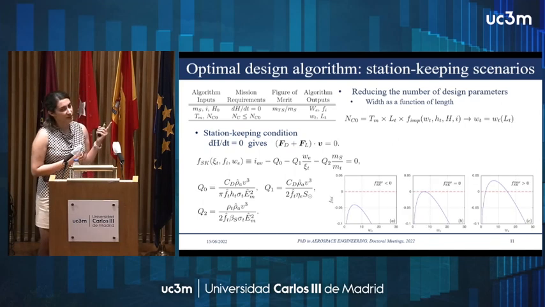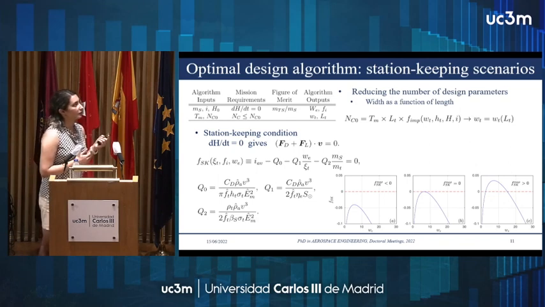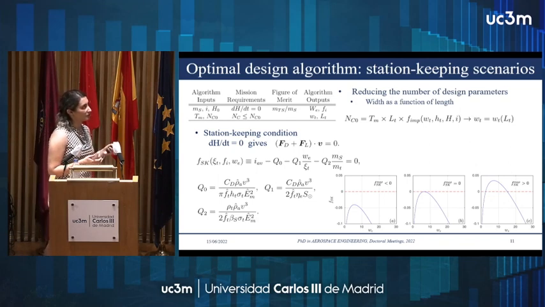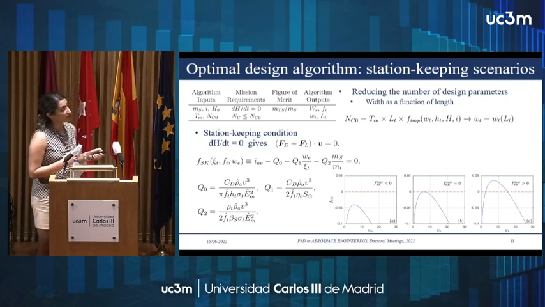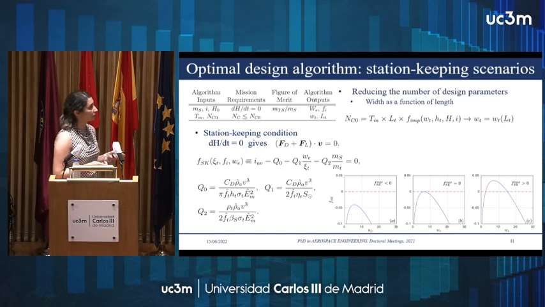But by solving this equation, there are three possibilities. We may not find any solution, so we cannot keep the satellite at that altitude, or we may find only one solution or two solutions. Our parametric domain is limited to the case where we find some solutions.